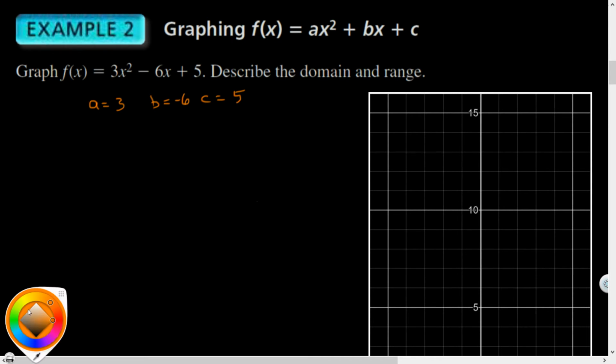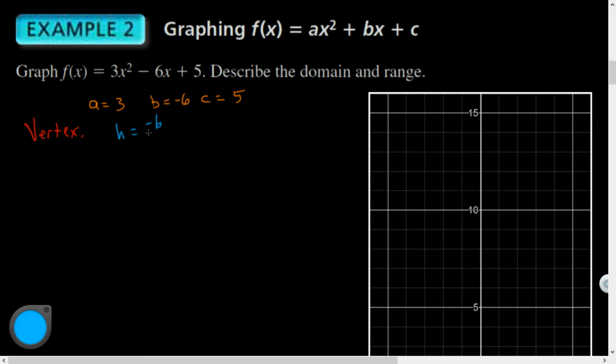All right, so if I want to graph this, I'm going to want to find a few things. Let's find the vertex first. In order to do that, I'm going to use our formula for h, which is the -b over 2a formula. And then I'm going to find k by doing f, because this is function f, of h. I'm just going to plug whatever I get in.